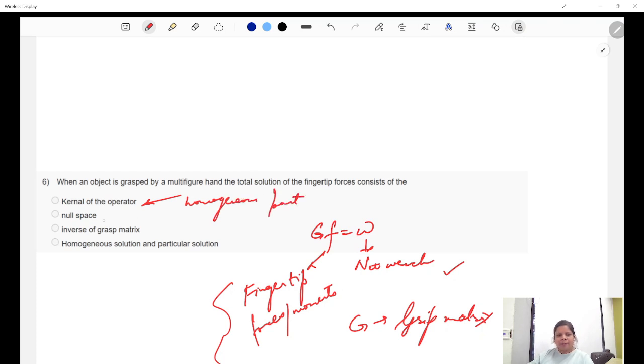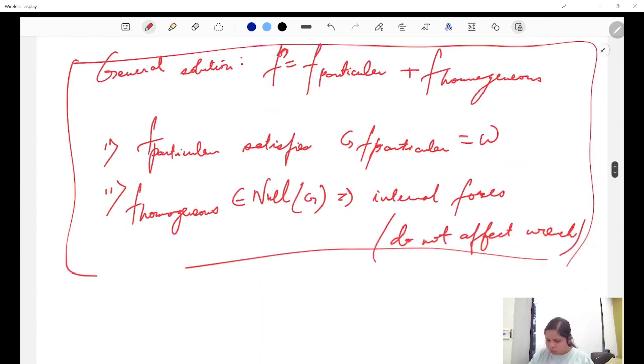Null space is related to internal forces only. An inverse of the grasp matrix, often the grasp matrix is not square, so you take the pseudo inverse, but it does not account for internal forces, because when you take the inverse you lose those things.